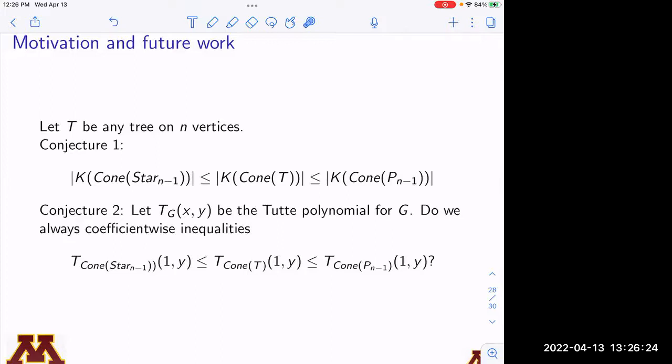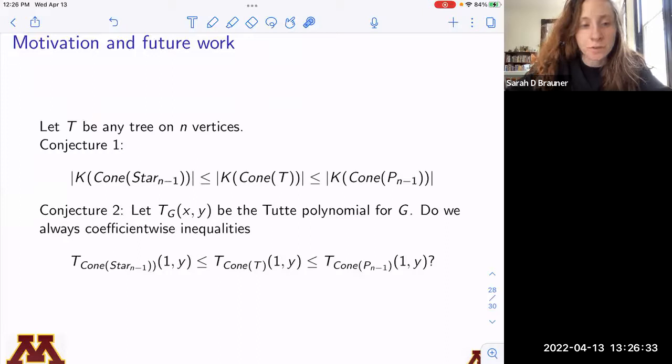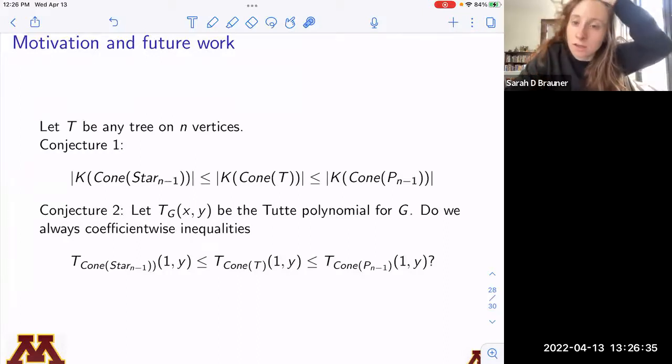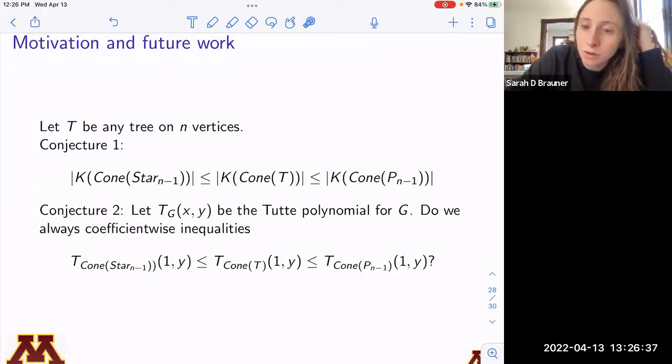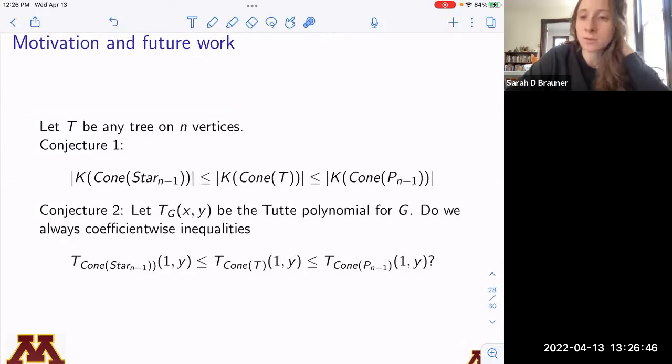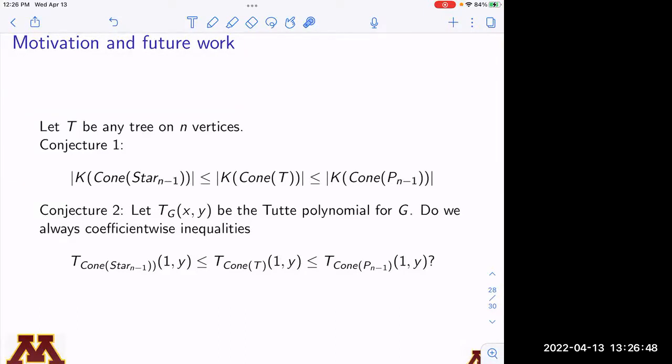But as far as comparison of different graphs, I'm still learning about that. I think, for example, trees have trivial critical group, right? So it's more interesting to look at the cone over the tree. Yeah, definitely more interesting. Plus, the tree has already been done and looked at.